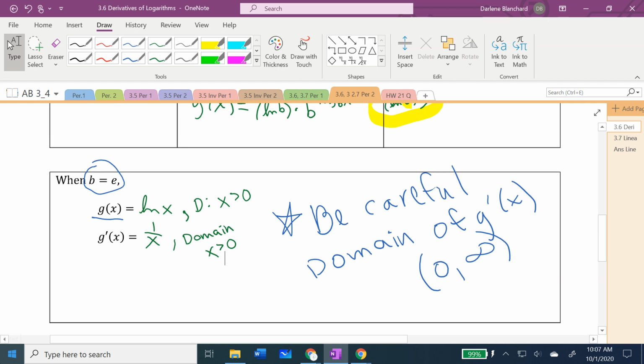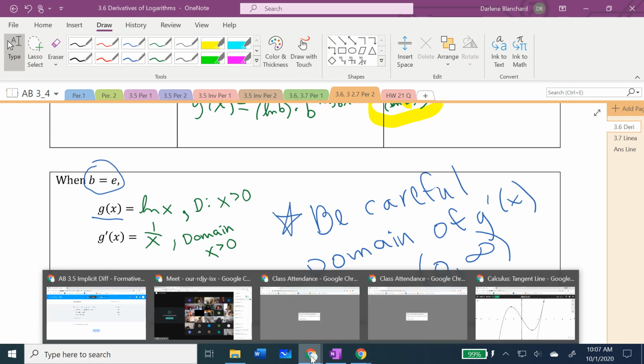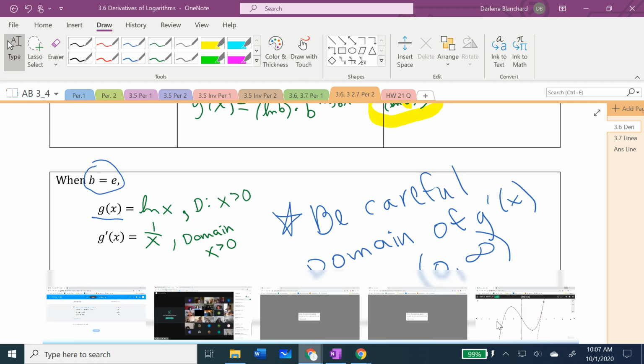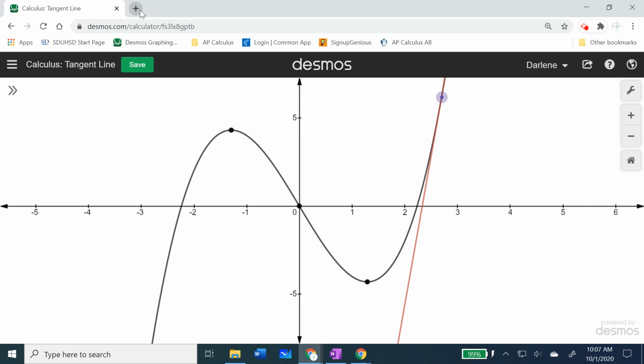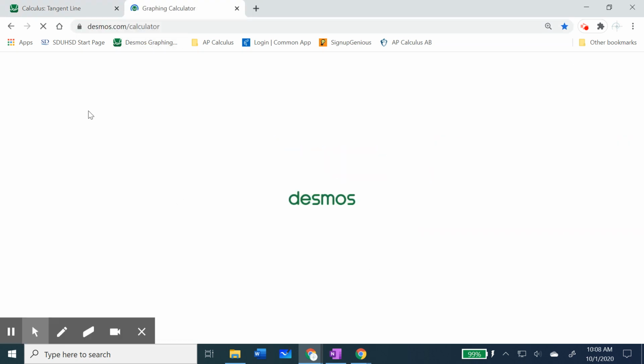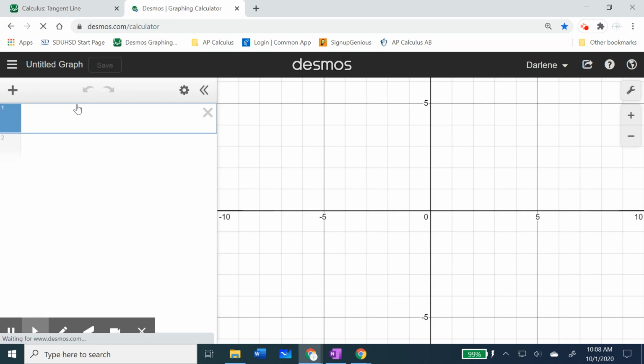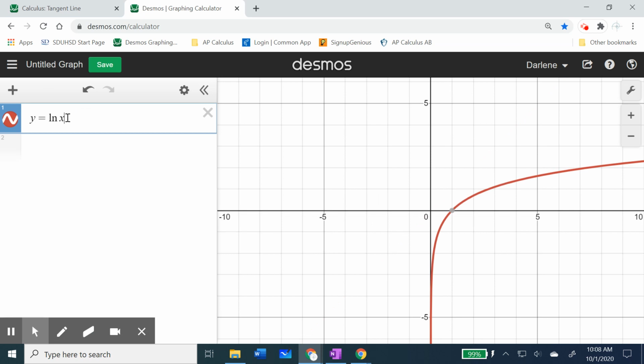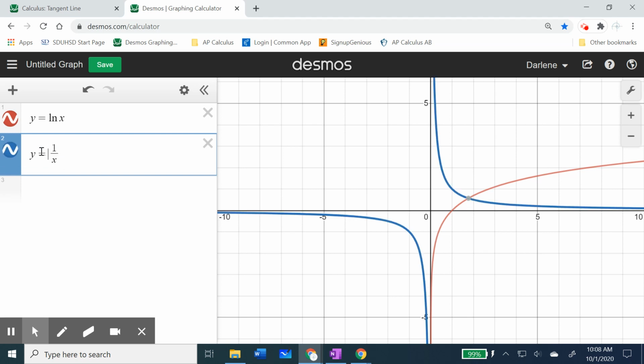Yeah. So let me grab my Desmos, and I'm going to Desmos this. Oh, that was supposed to be an equal sign. There we go.